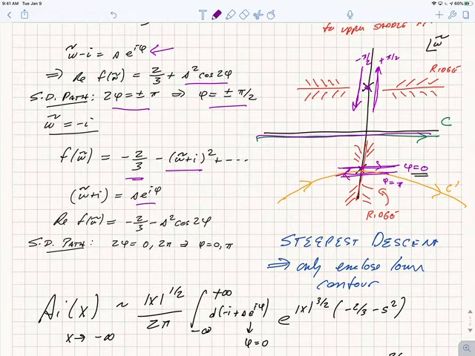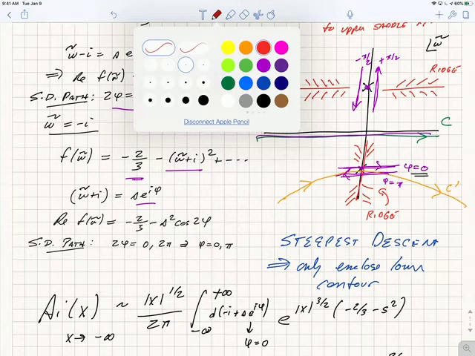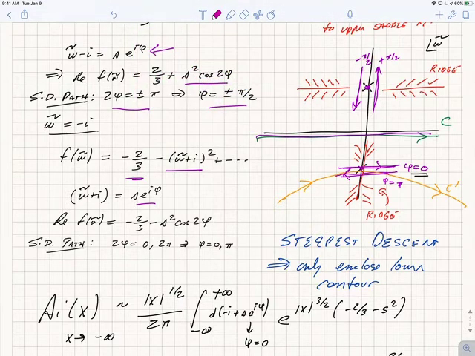Suppose I wanted to try to modify this contour, let me change to a different color. How about pink? Suppose I try to go up through the contour to the critical point in the plus i direction. If I do that, when I come out here, I end up at the opposite side of the ridge over here.